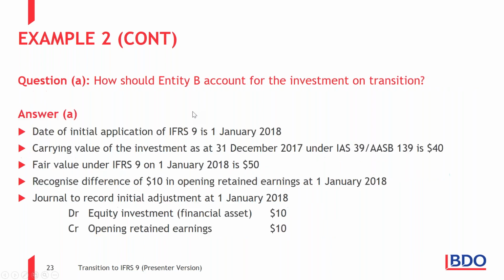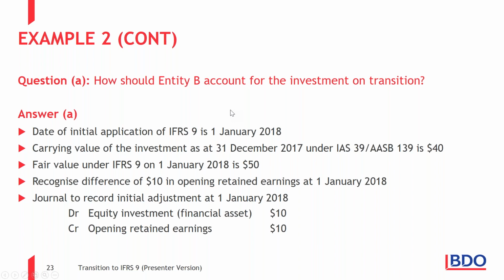I think the interesting thing here is if you go back to our answer in A, the transitional requirements say that on the date of initial application, even though you are now going to account for the investment at fair value through OCI, that journal on the date of initial recognition, 1 January 2018, you are fixing the value of the equity instrument.